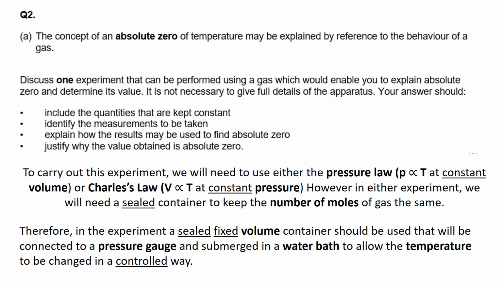So essentially what I've done here is I've addressed this first bullet point. We talked about the things we're keeping constant and the process we're going to use to do the experiment.